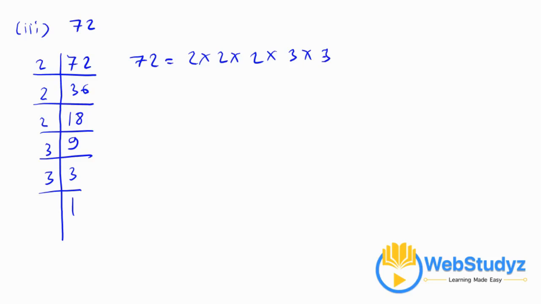As we can see that we have one triplet of 2, but we don't have a triplet of 3. So the smallest number by which when we multiply 72, it will become a perfect cube is 3.